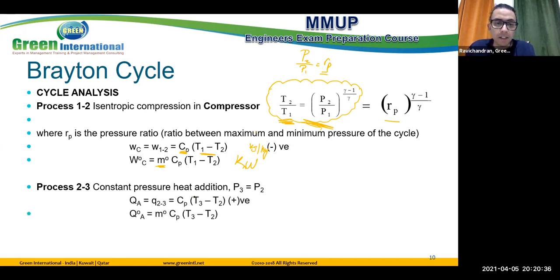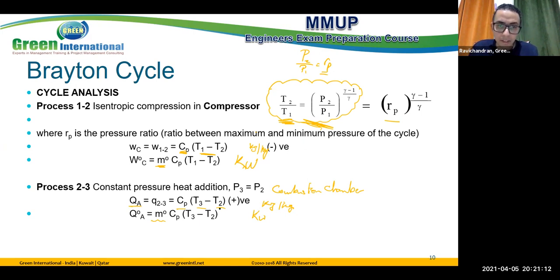For the second case, the combustion chamber, the part for constant pressure heat addition, Q added is equal to Cp delta T, T3 minus T2, in kilojoule per kilogram. If you have m dot, calculate Q in watts. If you don't have it, just calculate kilojoule per kilogram.